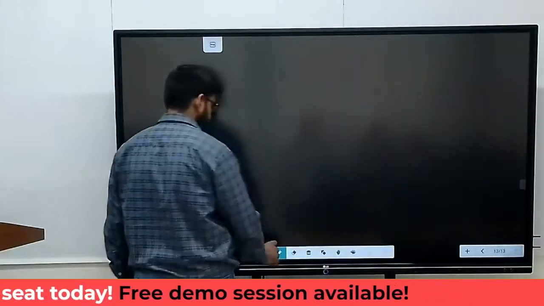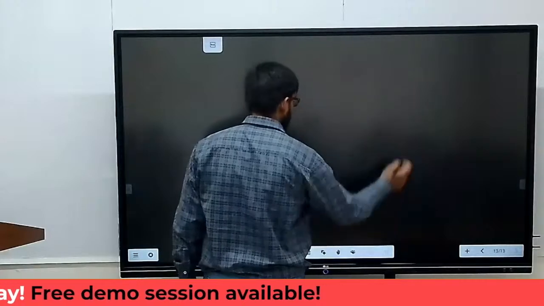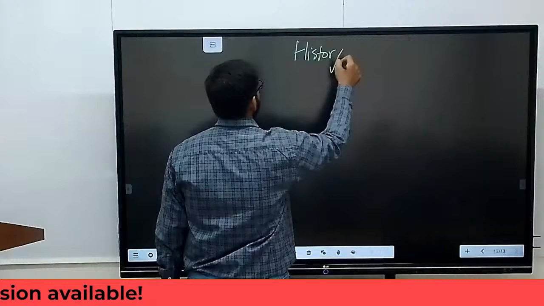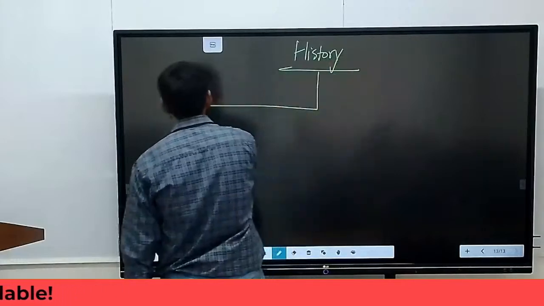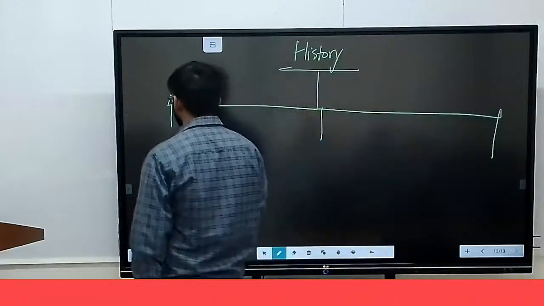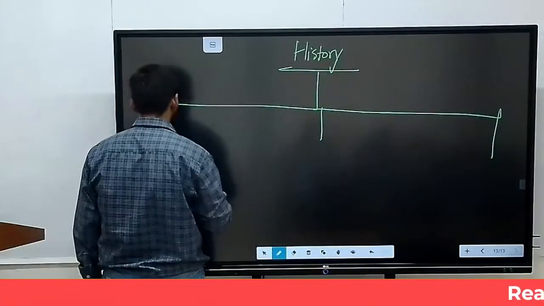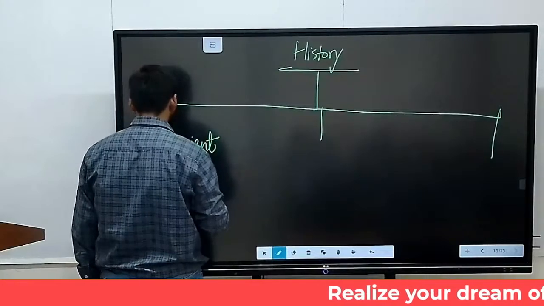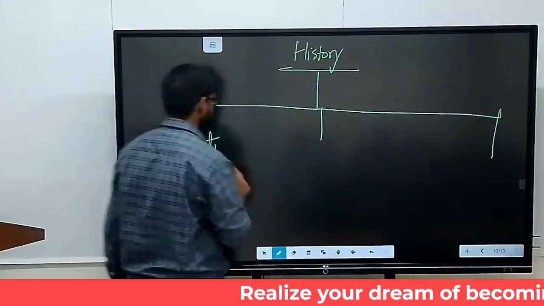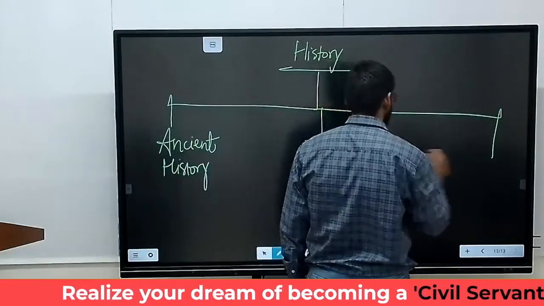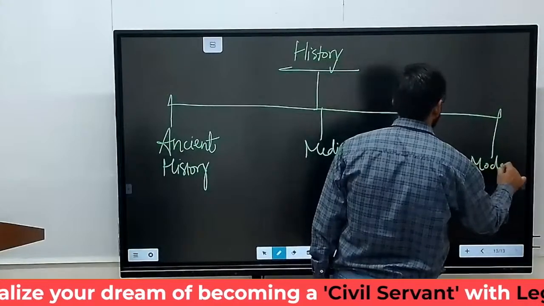Now, when we talk about history, it consists of three important parts: ancient, medieval, and modern.